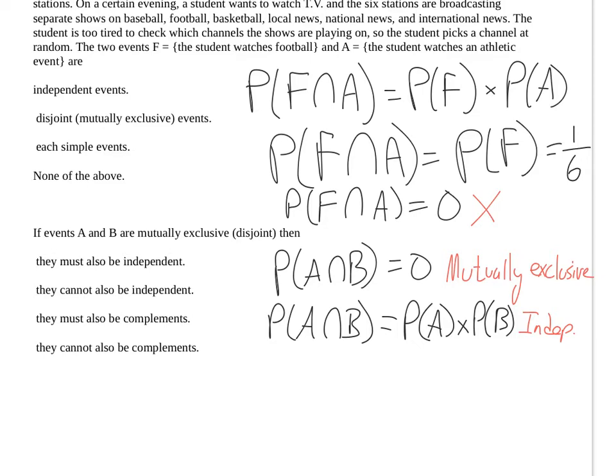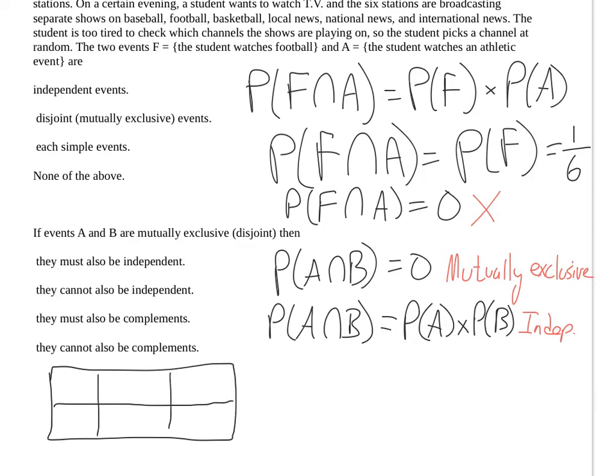Now let's talk about complements. So I think my best kind of visualization for complements and the reasoning behind this one is, let's think about the possible rolls you could get if you roll a die. So you have 1 dot, you have 2 dots. Now I realize that this is not a perfect die here that I'm drawing, but I want to show you kind of the probabilities, right?